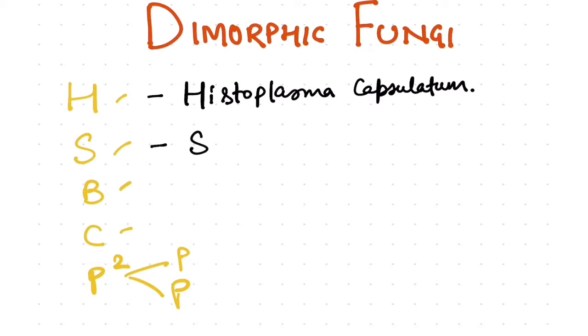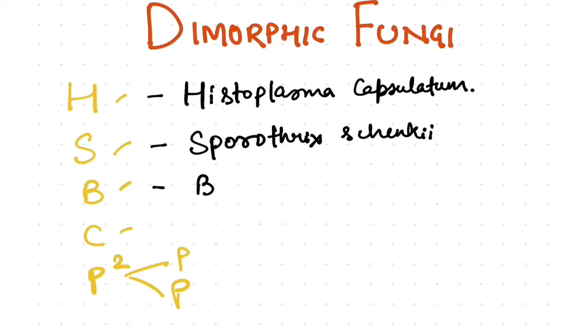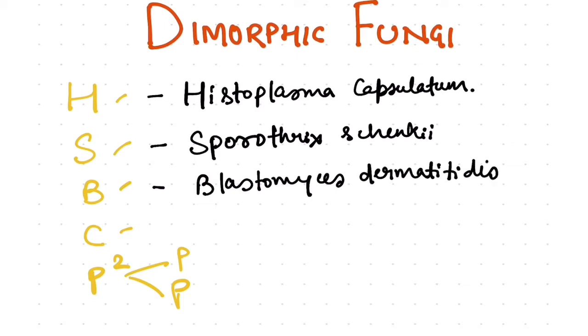The next, S, is for Sporothrix schenckii. The next, B, is for Blastomyces dermatitidis.